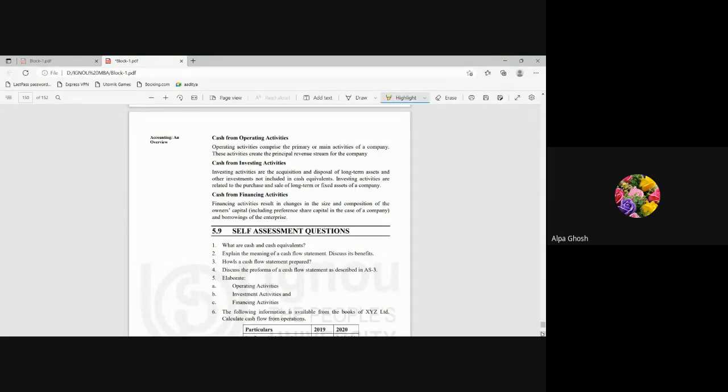We also need to identify the operating activities, investing activities, and financing activities. Operating activities are related to the sale and purchase. Investing activities are related to the asset side, and financing activities are related to the composition of your liabilities on the liability side.